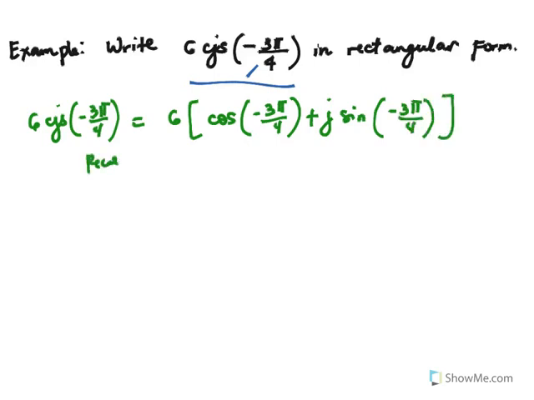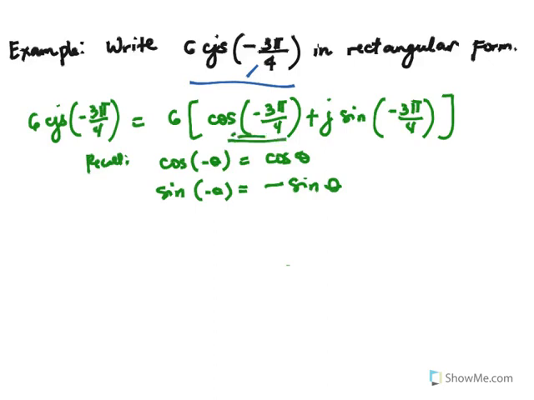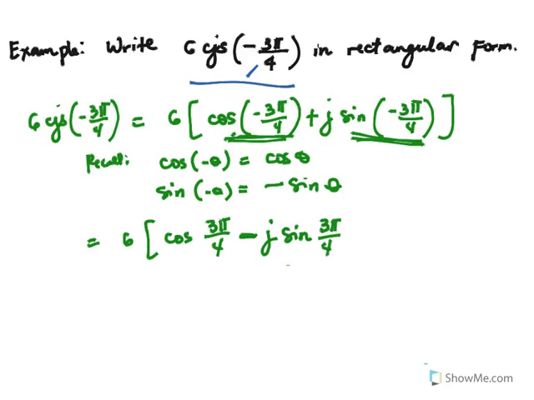Now, recall that the cosine of a negative angle is equal to the cosine of the same angle but positive, and sine of a negative angle is equal to the negative of the sine of the positive counterpart of the angle. Therefore, if I have cosine negative 3 pi over 4, pwede ko itong isulat as cosine positive 3 pi over 4. And then if I have sine negative 3 pi over 4, I can write this as negative sine 3 pi over 4. So, magiging minus na ngayon yung sine dito, j sine 3 pi over 4.